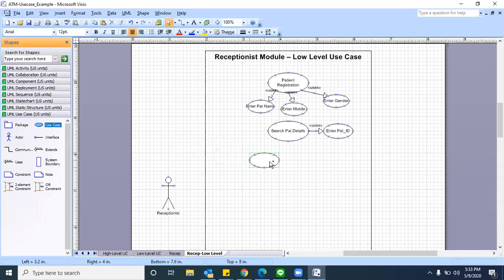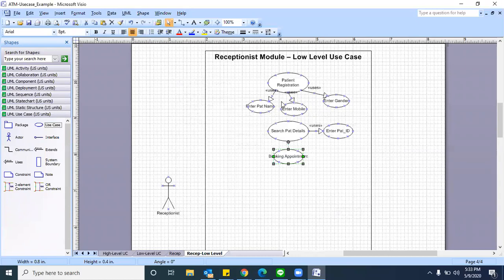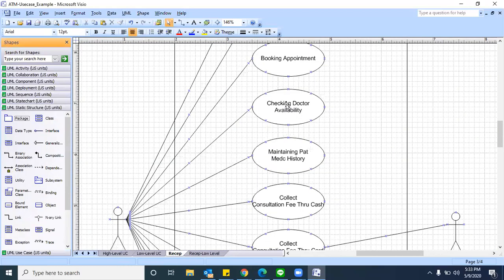For example, let me take booking appointment. For booking appointment, one more essential use case is dependent, right?